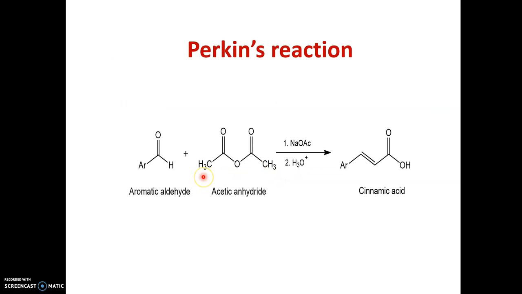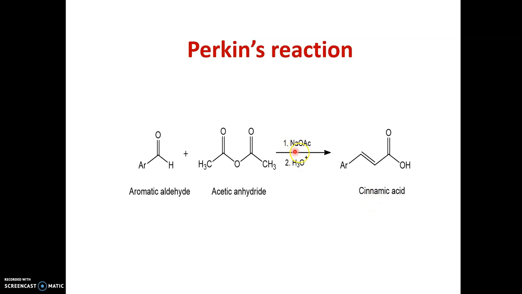So this is the Perkin reaction. When an aromatic aldehyde is treated with acetic anhydride in the presence of the sodium salt of the same acid, that is sodium acetate, we get an alpha beta unsaturated aromatic acid, that is cinnamic acid.